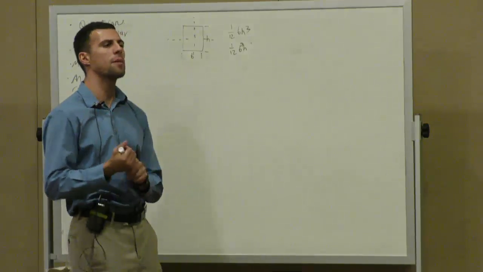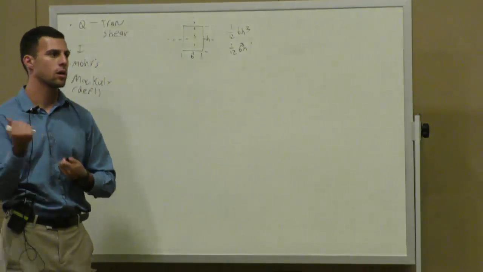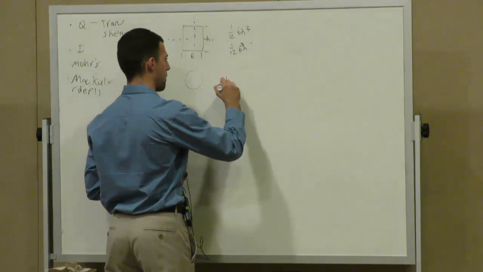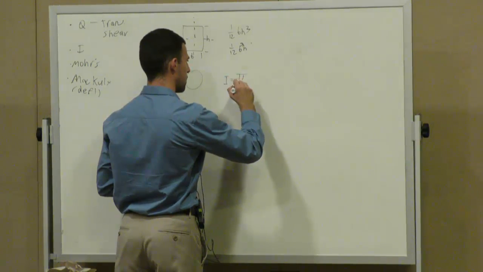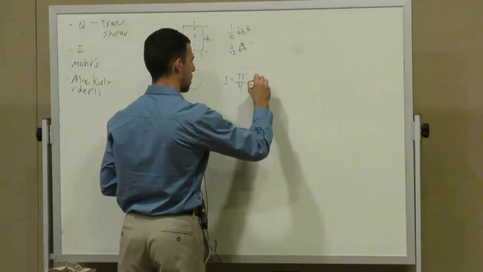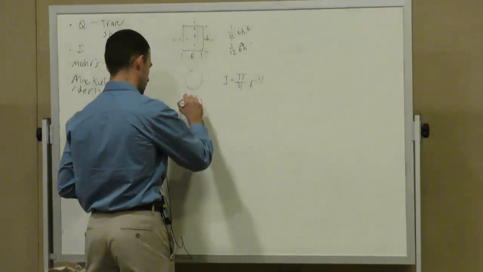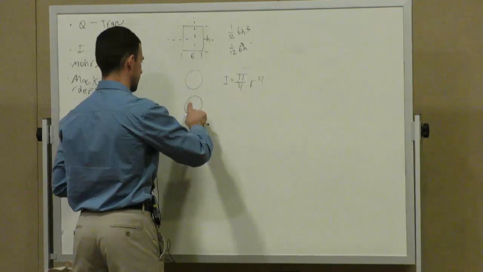So what other common shapes do we know I for? Circles. What is it for a circle? 1/4 pi r to the 4th. Perfect. What about for a hollow tube, an annulus?